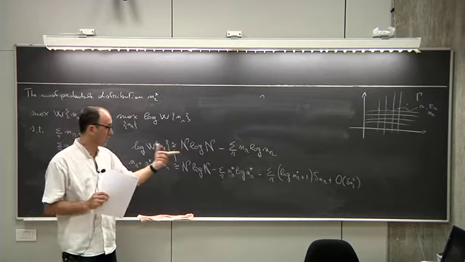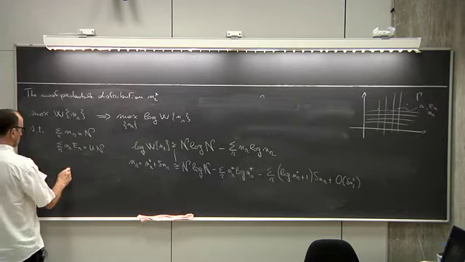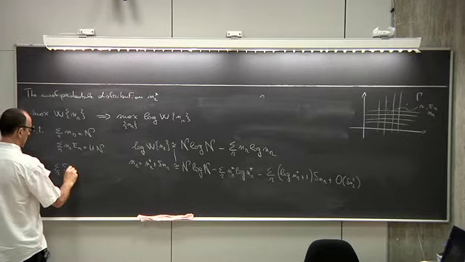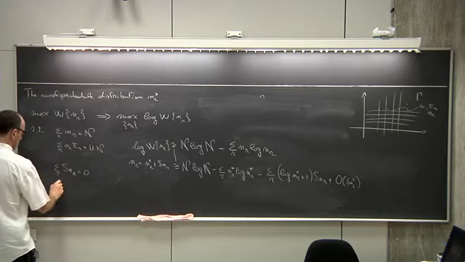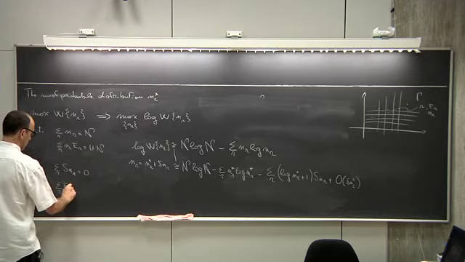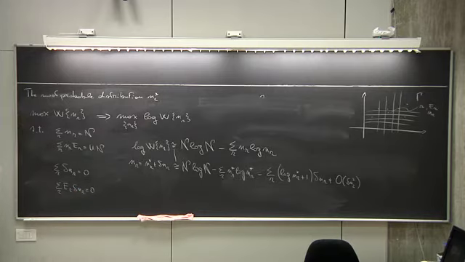Now, however, I have to consider that I have to find variations in delta n which also do not violate these constraints. These variations are such that the sum over r of delta n r must be equal to 0, and the sum over r of E r times delta n r must also be equal to 0.